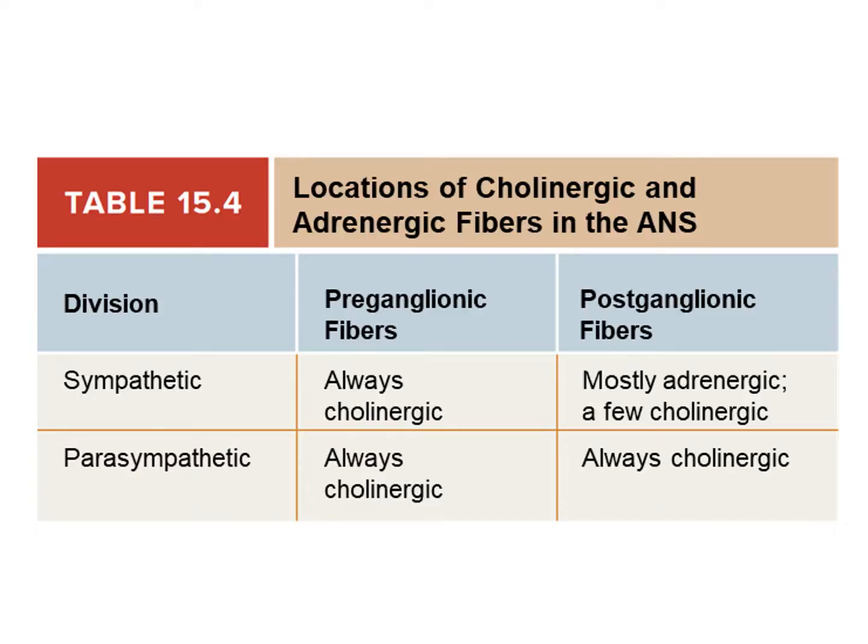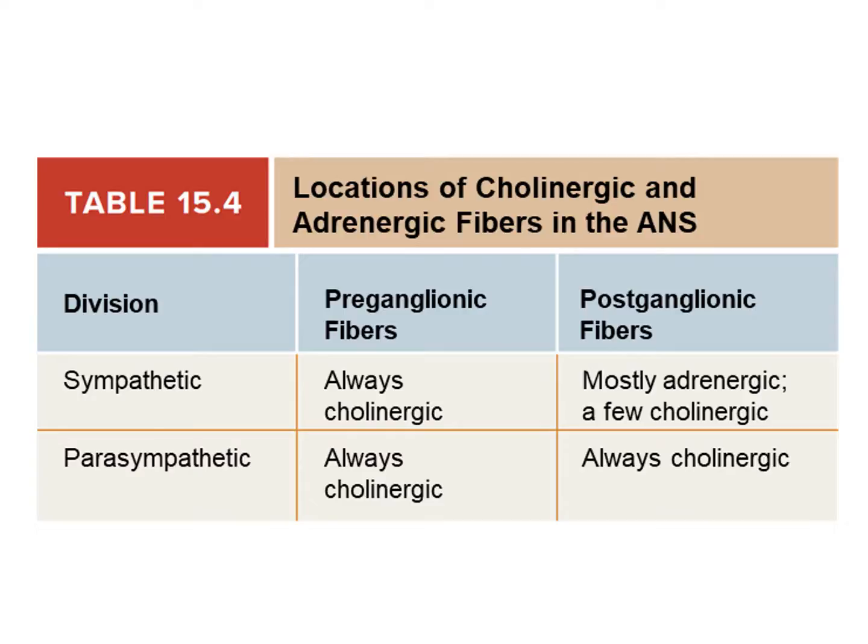So what comparison of locations of cholinergic and adrenergic fibers in the autonomic nervous system. Preganglionic fibers of the sympathetic nervous system are always cholinergic, so they always secrete acetylcholine.